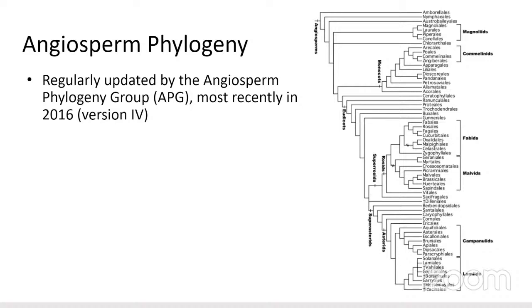In the past 20 years or so, there's an official angiosperm phylogeny group who kind of sets down the law, right, about what the official phylogeny is. So I believe their most recent version was in 2016, which is version 4. In your book, I think it's using the 2003 version, maybe. So this chart is a little different than the one you'll see in your book.